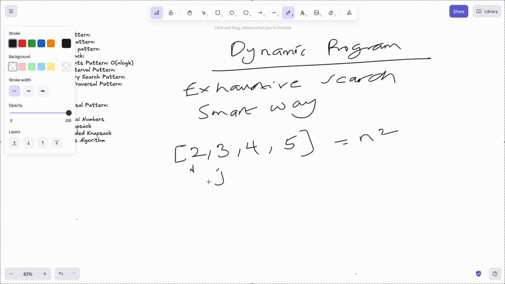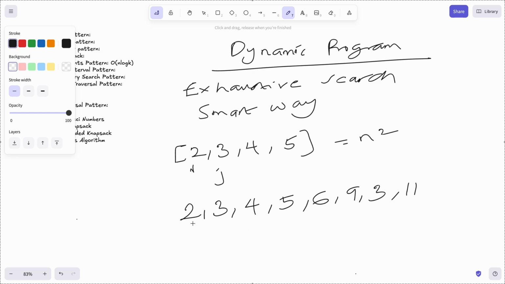Let me give you an example. Say we have 2, 4, 5, 6, 9, 3, 11. We tell you to find the maximum sum of non-adjacent numbers in this array.